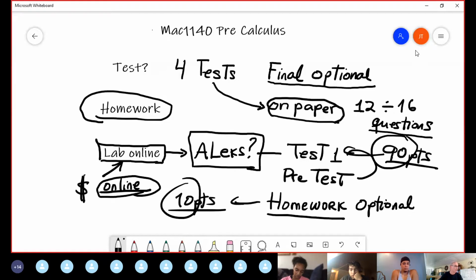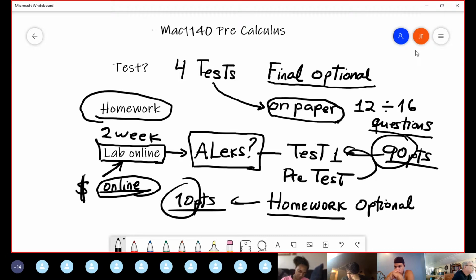Okay, no problem. One more important thing. You can work in the first 2 weeks using the financial aid code. In the syllabus, you can see the code for the lab online.